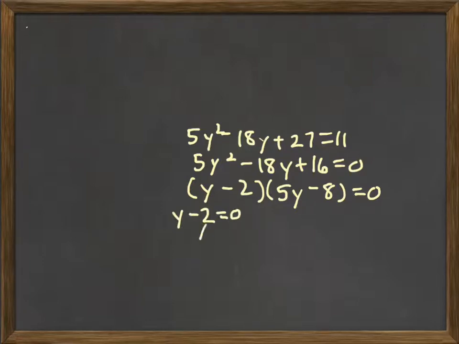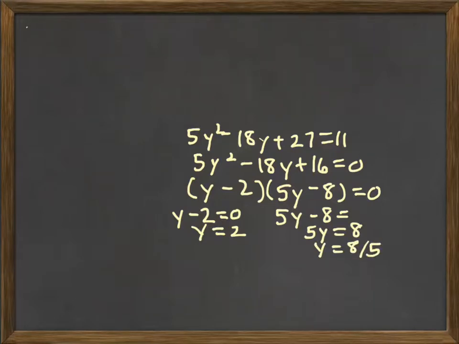That means that y could be 2, or it means that y could be 8 over 5. But remember, this was a system of equations.